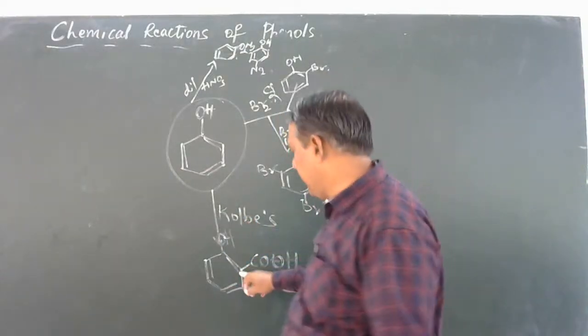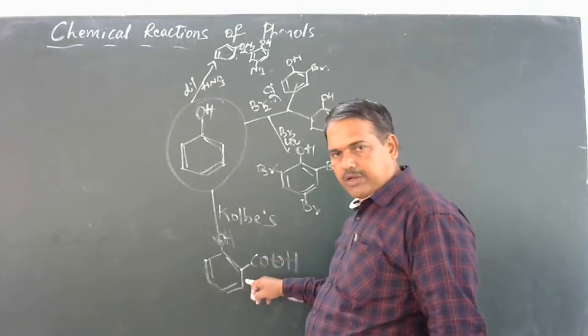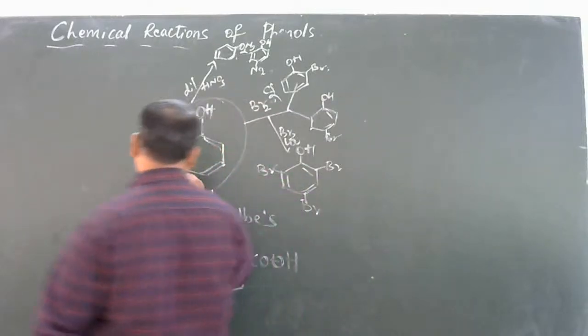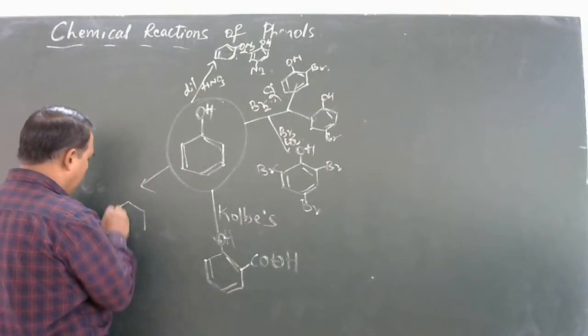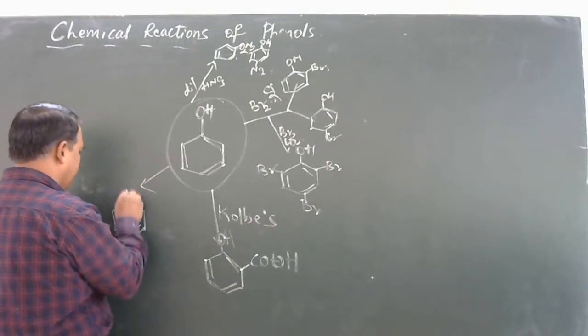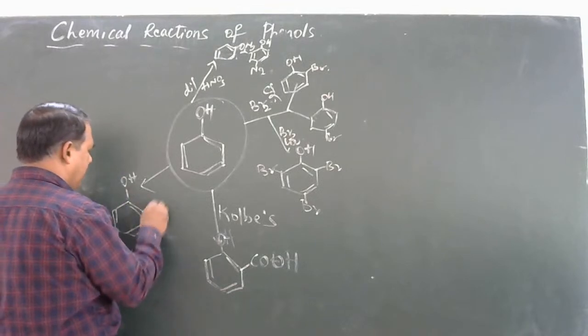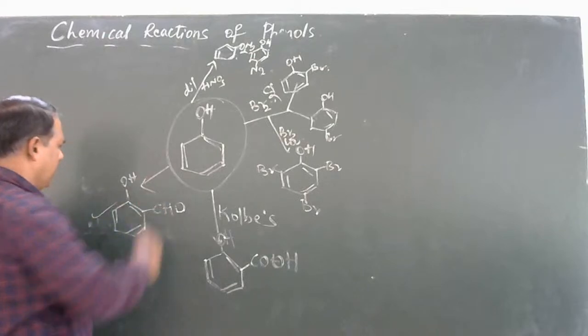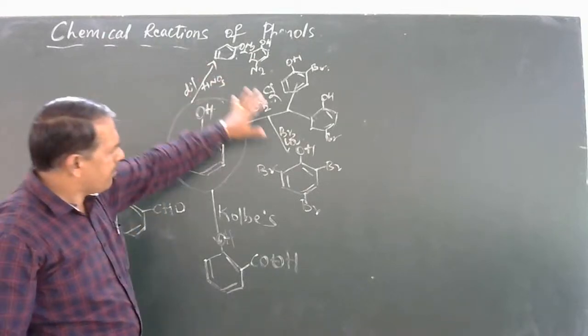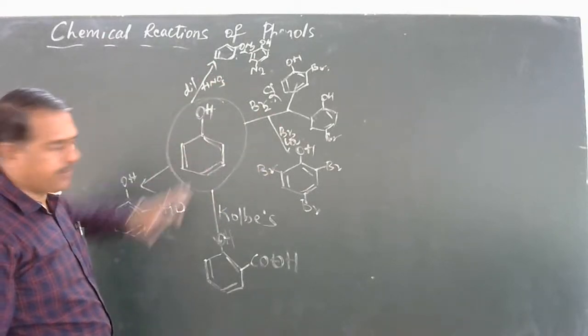Here, the electrophile is carbon dioxide. Again, in the Reimer-Tiemann reaction, phenol is converted into salicylaldehyde. An aldehyde is introduced. Are you clear? And these are important reactions of phenol.